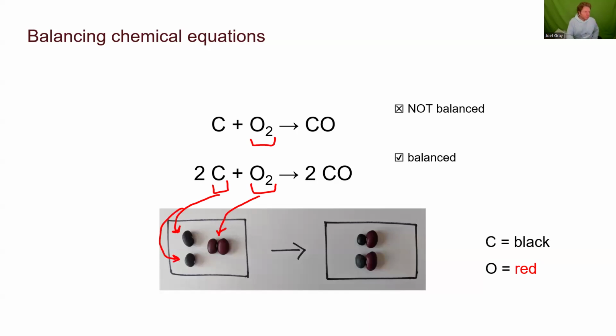We had to bring two of them in, which would get us two molecules of carbon monoxide. Whenever it comes to answering questions about balancing chemical reactions, lots of the questions I will give you on exams and quizzes are going to be, is this the correct coefficient? And that's what I'm going to be looking for most often.